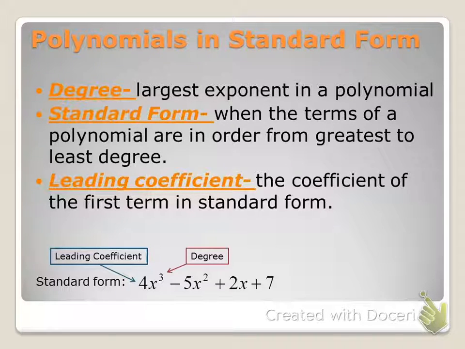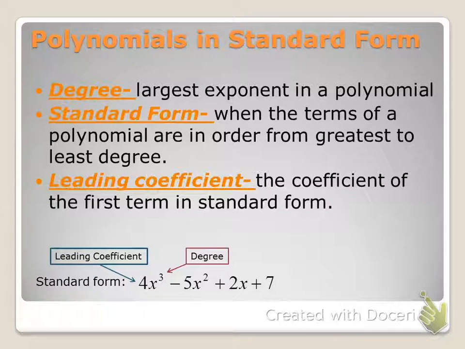Now, when you are written in standard form, if you go down in degrees, then the biggest exponent will be written first, logically. Whenever that biggest exponent, also known as the degree, is written first, the coefficient attached to it would be the first thing you see.